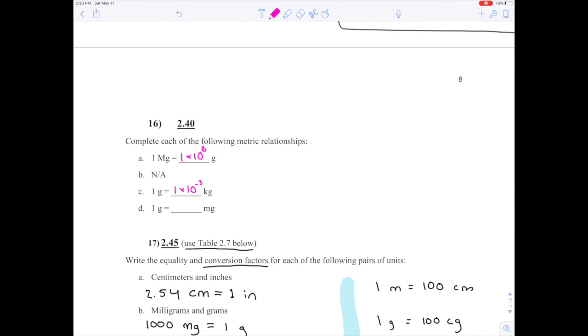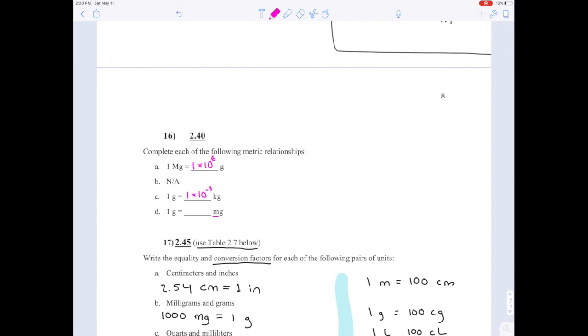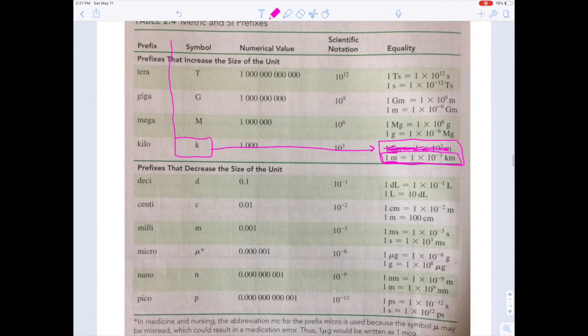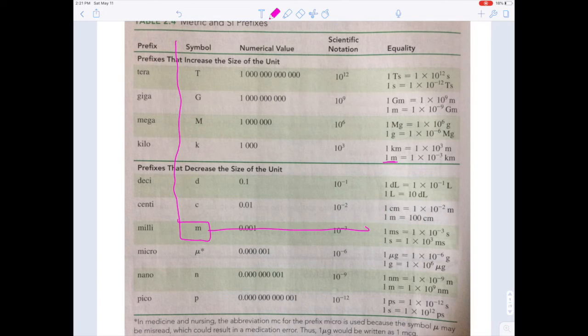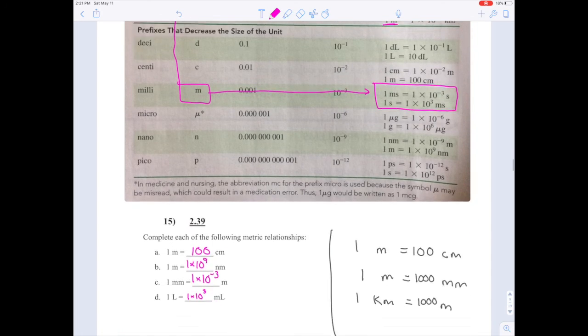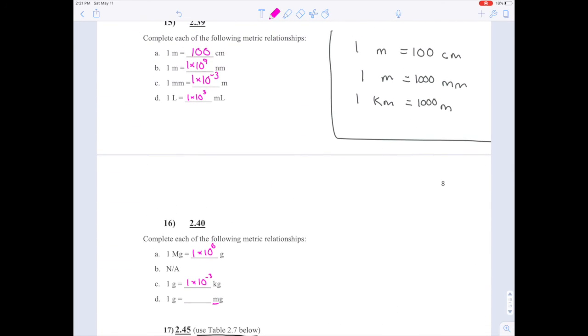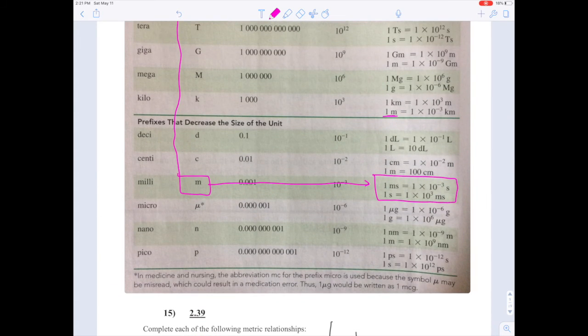All right, last but not least, we have D. And D, the prefix is a lowercase m, so we can go back to this table. We're going to look at the symbol, go down until we see a lowercase m. There it is, milli. So then we go to the right, and we're going to choose between the two equalities we have there. Now, in the problem, we want the 1 to go with the unit that doesn't have the milli. So here, on the top one, the 1 is with the unit that does have the milli, so we don't want that.